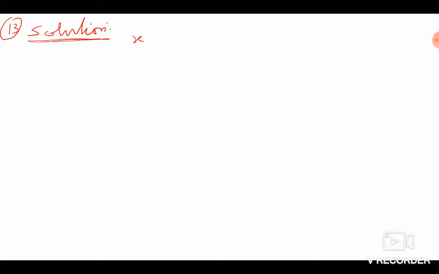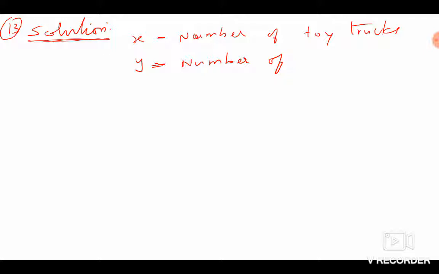So we assume X is the number of toy trucks. Y is the number of spinning tops.